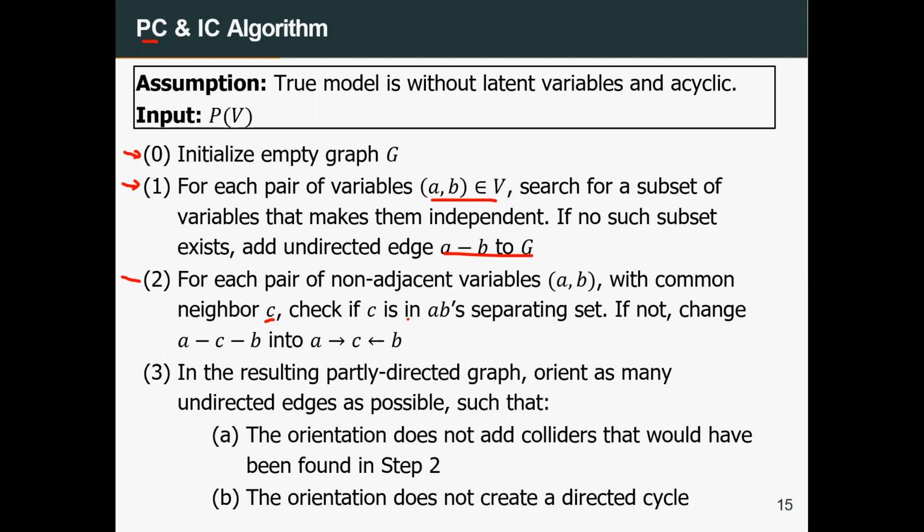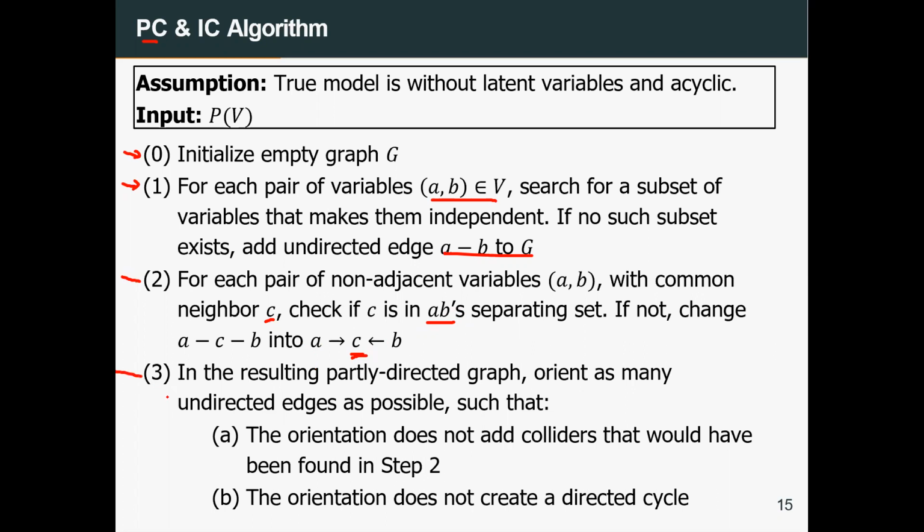And if it's not, then we're going to make C a collider of A and B. This is saying if C doesn't have to be conditioned upon to separate A and B, then we can make that C the natural collider between A and B.